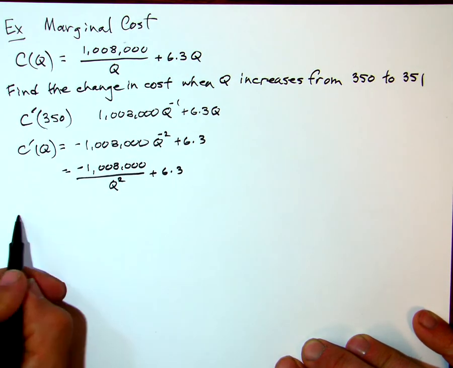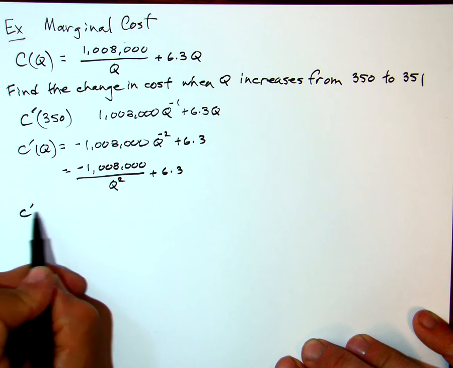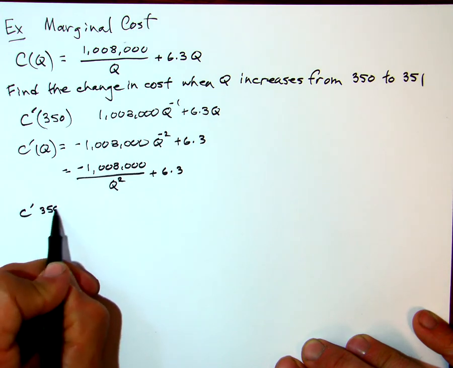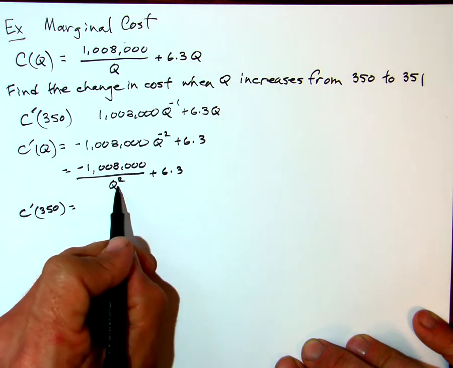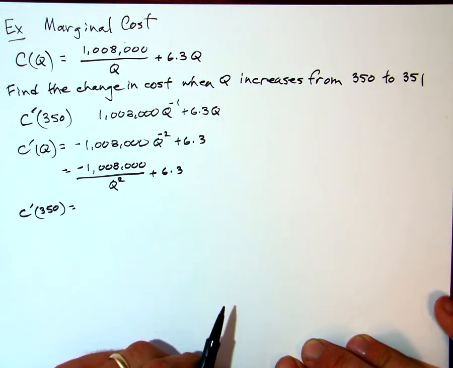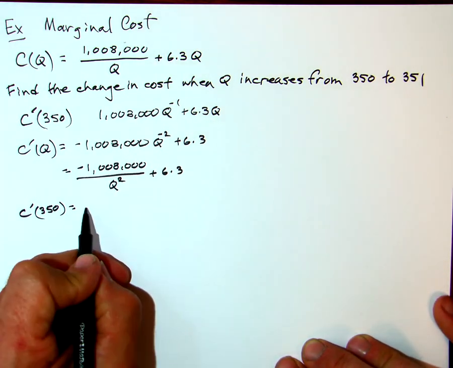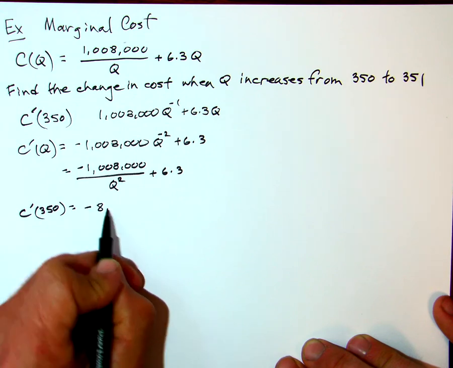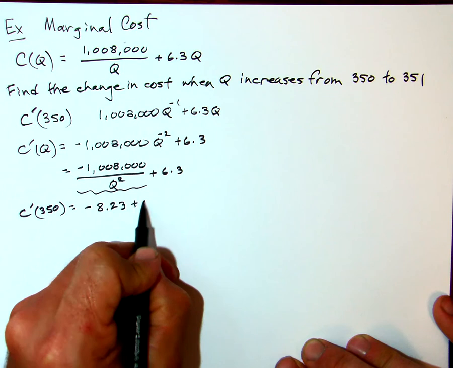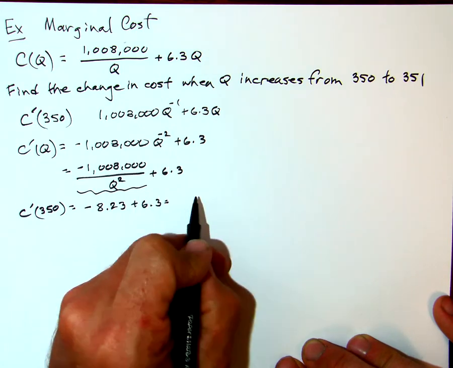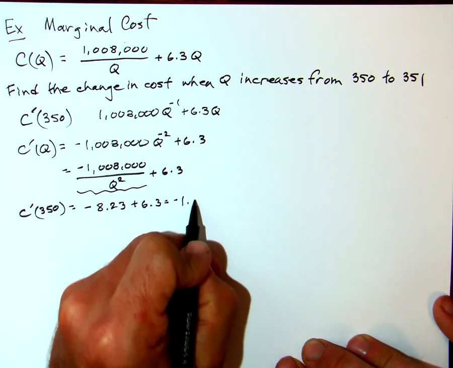Now I want C prime, the marginal cost at 350, at one particular point. So if I put in 350 for Q, what I'm going to end up with is negative 8.23 for this part of it, plus 6.3, and that's going to result in negative 1.93.